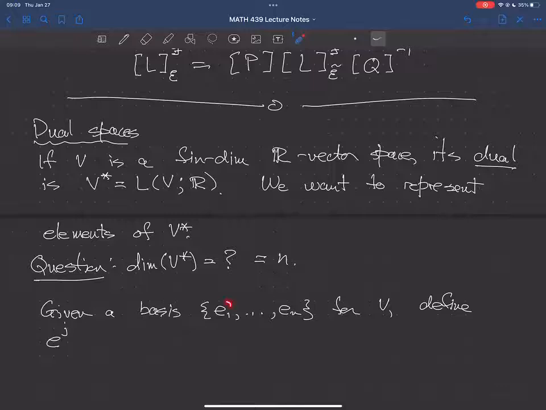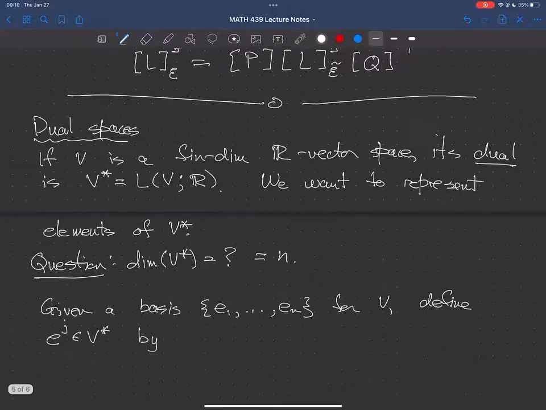I'm going to write things which look exactly like E's, except the location of the script will be different. For the basis vectors, I use a subscript, and for these, I'm going to use a superscript. The same letter is there to indicate that these two things are closely connected. So I'm going to define Ej. This is going to be an element of the dual space. And I give you a formula for it.